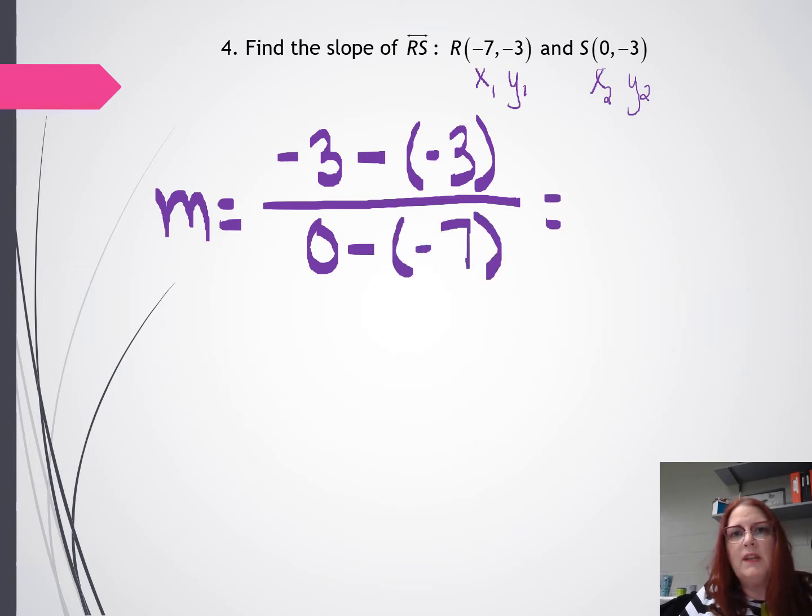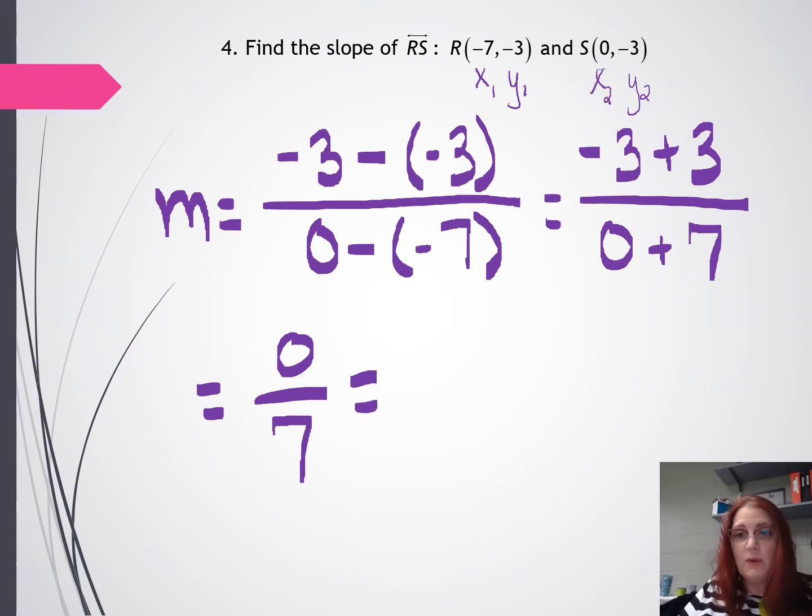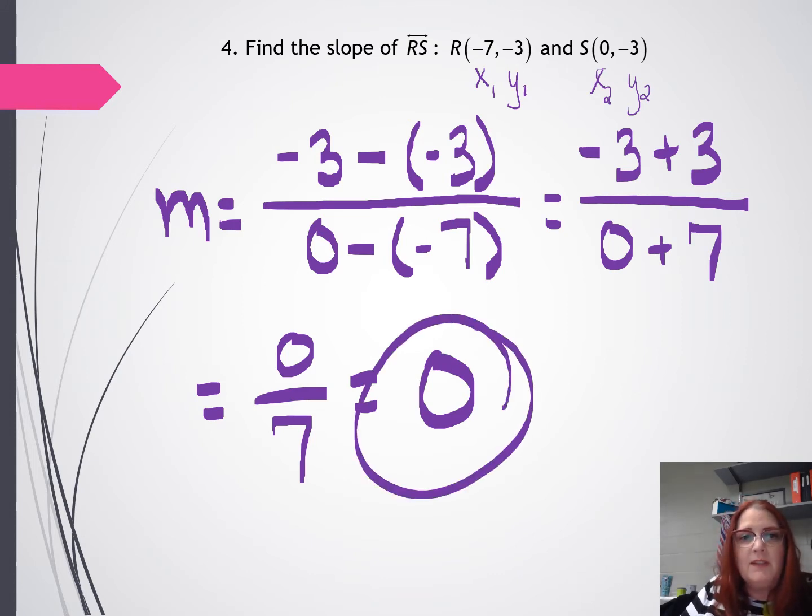Subtracting a negative is like adding a positive, so I have negative 3 plus 3 over 0 plus 7. My numerator ends up being 0, and my denominator is going to be 7. You can take 0 and divide it by a number. So the slope is 0. That means it is a horizontal line.